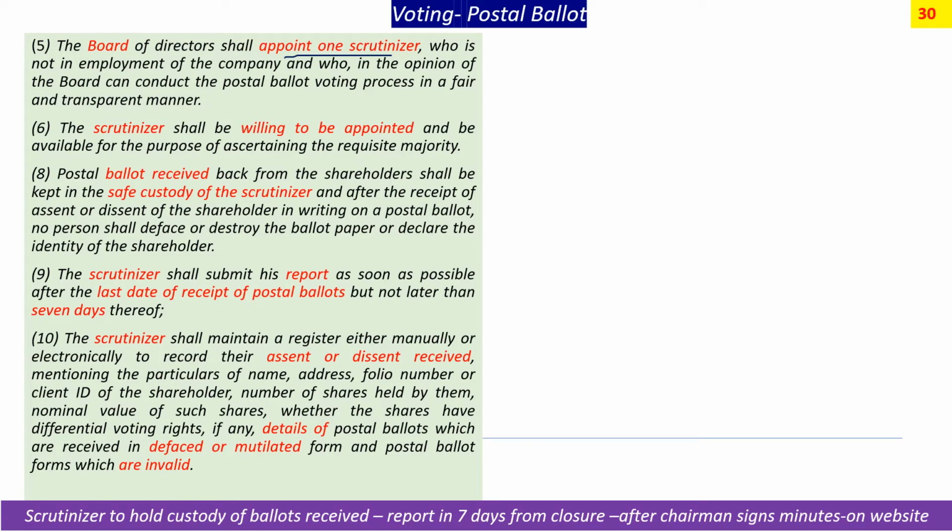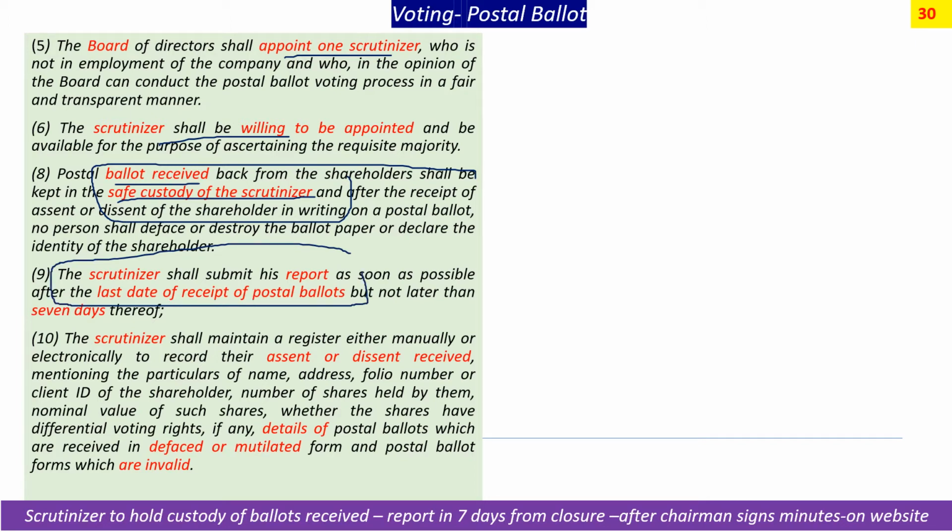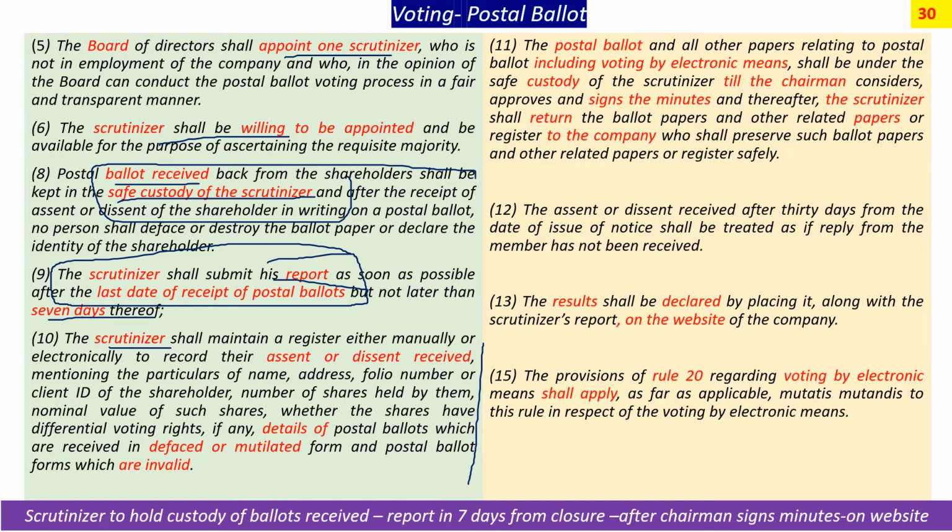And one scrutinizer will be appointed by the company with his consent, and he will be in charge of the receipt and safe custody of all the votes received by post. And there is a last date for receipt of the postal ballots, and he will prepare his report within 7 days of the last date for receipt. And he will prepare a report and take custody of all the papers of voting received by him.